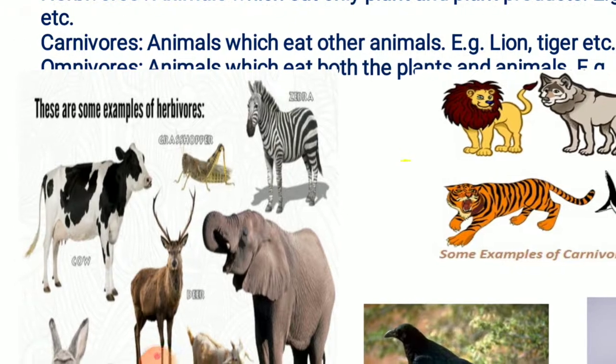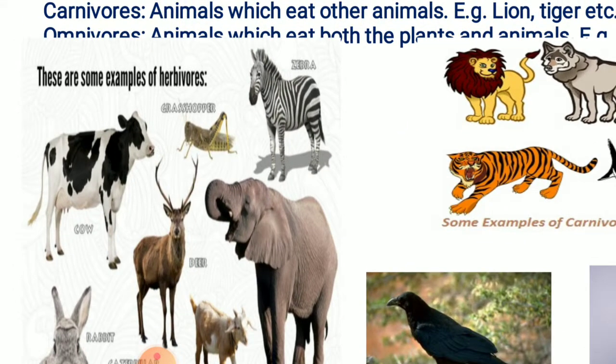Then the third one is omnivores. Omnivorous animals means what? Animals which eat both plants as well as other animals.